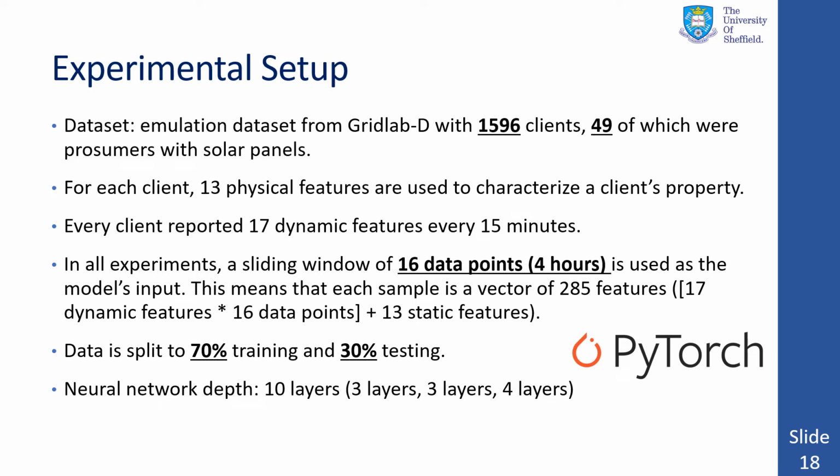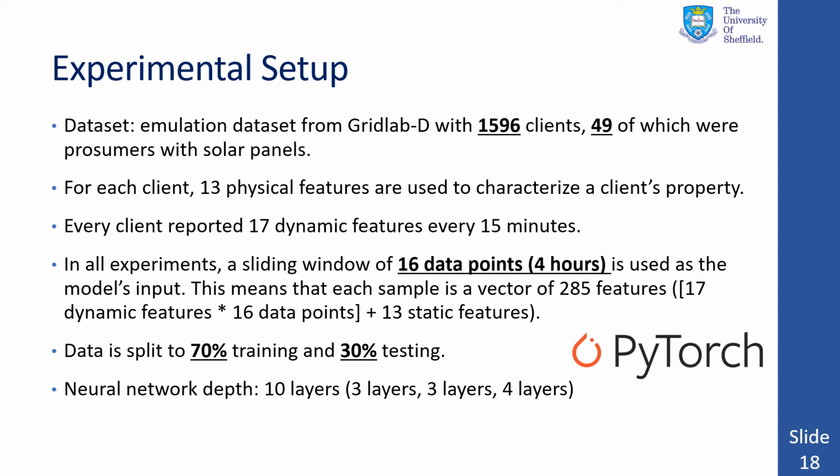For each client, we had 13 physical features that characterize the client property, and every smart meter reported 17 dynamic features every 15 minutes. In all of our experiments, we used a sliding window of 16 data points, which equates to 4 hours. All 17 dynamic features, along with the 13 static features, were used in this sliding window.